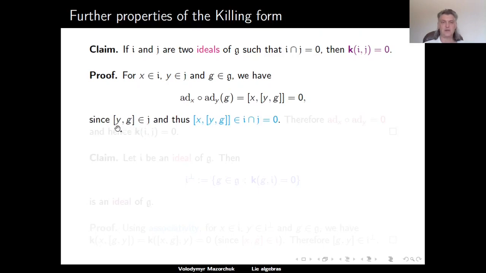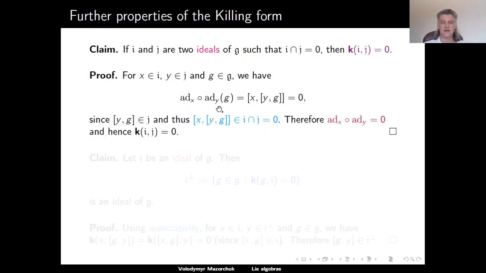Indeed, the bracket of y and g belongs to J simply because y is an element of J and J is an ideal. Therefore, the bracket of x with this element, the bracket of y and g, belongs on the one hand to I because x is an element in I. But on the other hand, it belongs to J because the bracket of y and g is an element of J. Therefore, this bracket belongs to the intersection of I and J, which is 0.